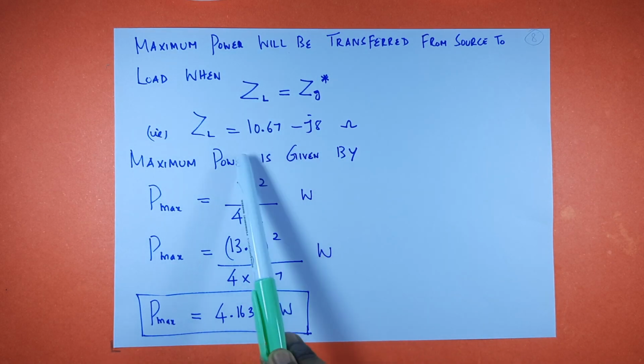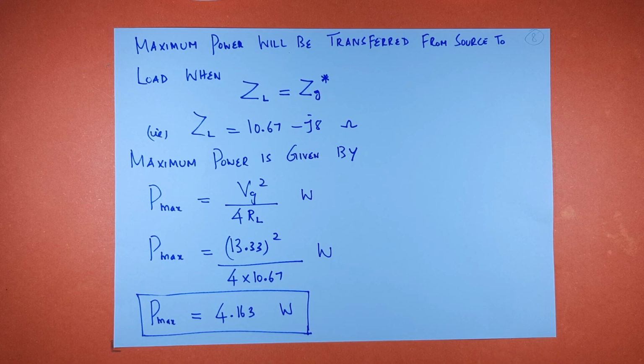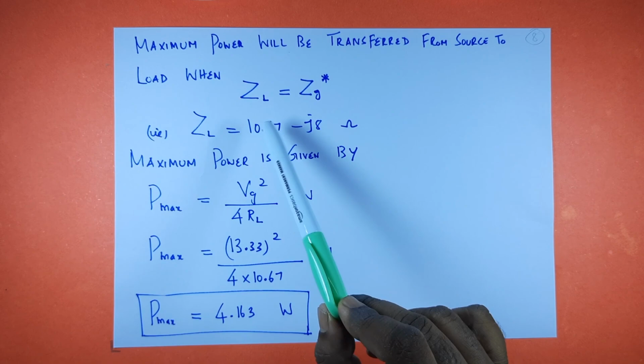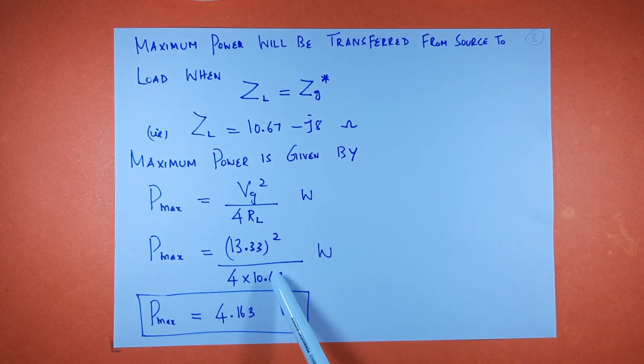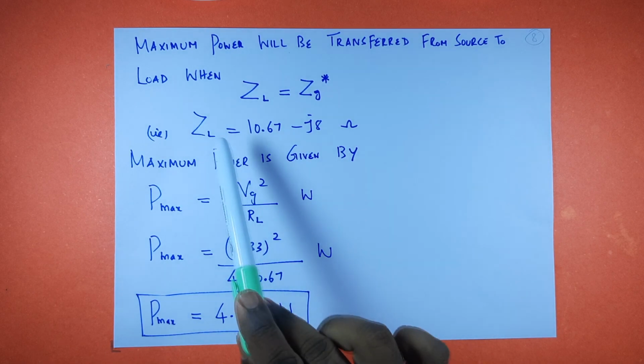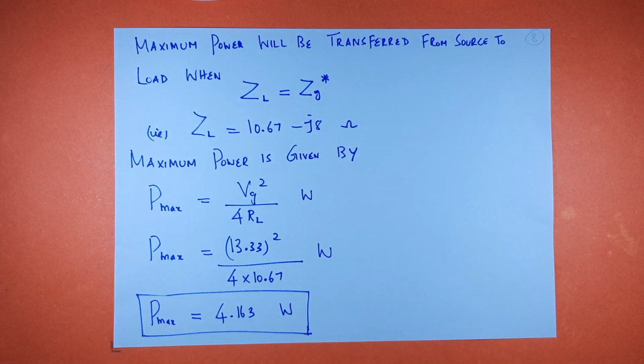First part is going to be resistance and second part is going to be reactance. So RL means this real part. So that we are substituting for RL. 4 into 10.67 watts. So if you calculate this maximum power transferred from source to load, when you have this value of ZL, that is going to be 4.163 watts.